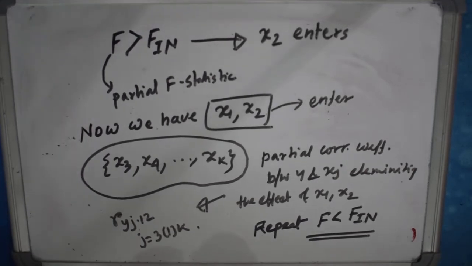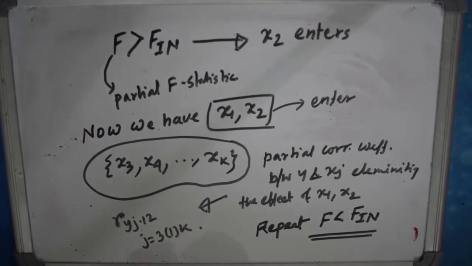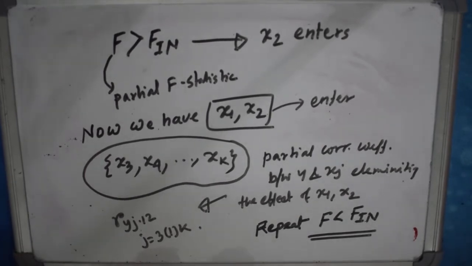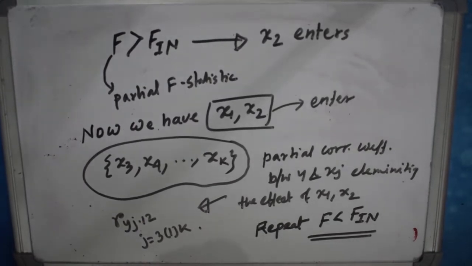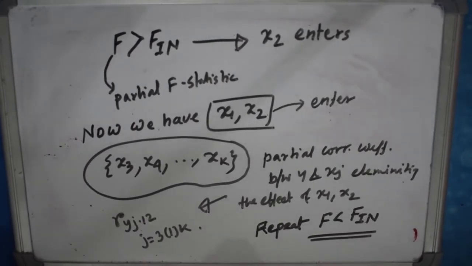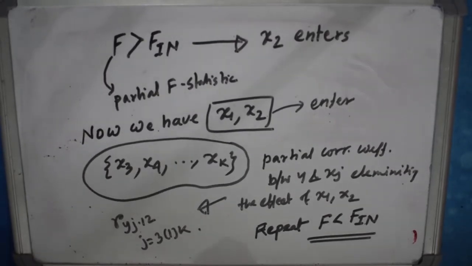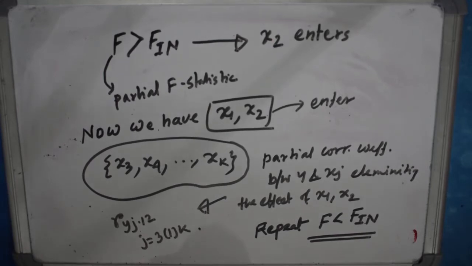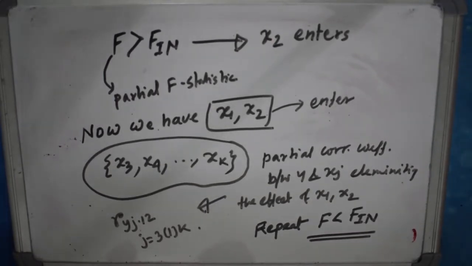Now choose a specified value Fin. This depends on the experimenter. If the F statistic is greater than Fin, then we select x1, or x1 enters into the model. Now if x1 enters into the model, then we have only x2 to xk explanatory variables.